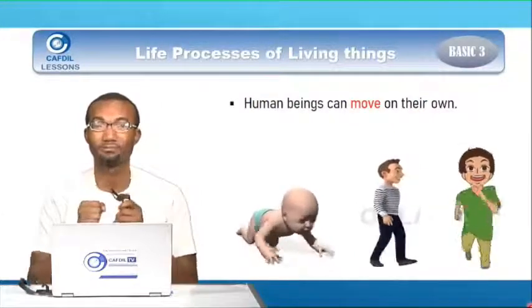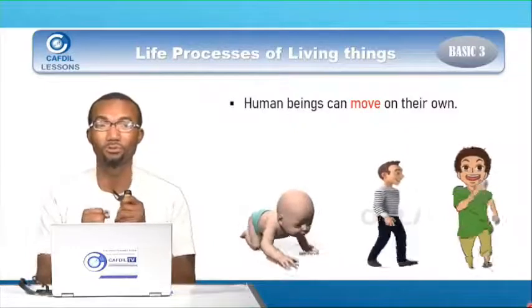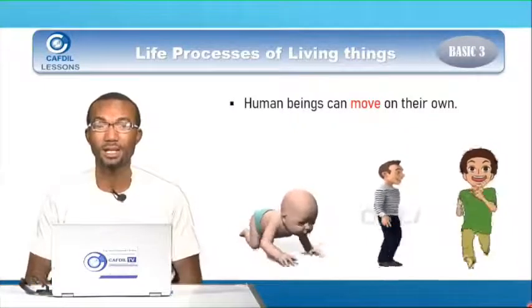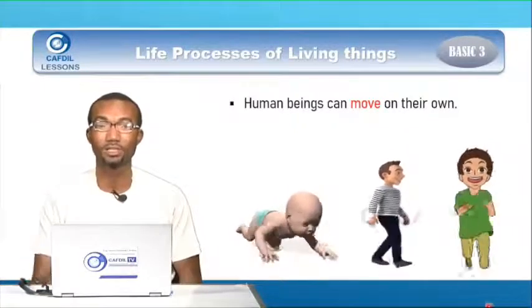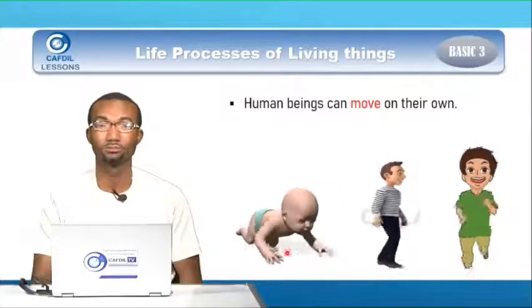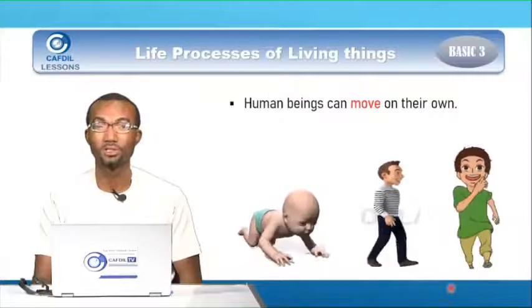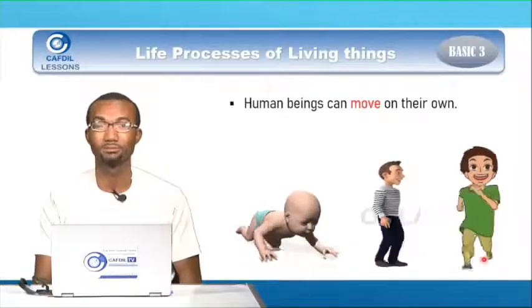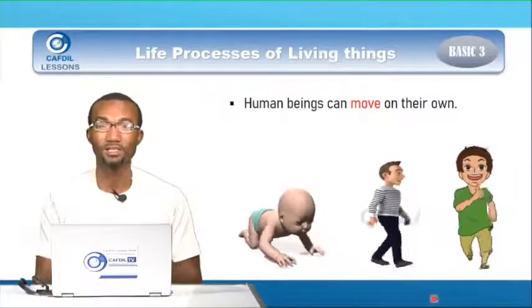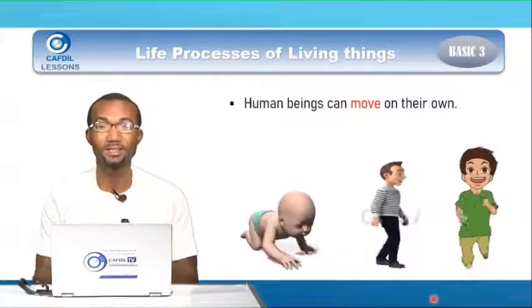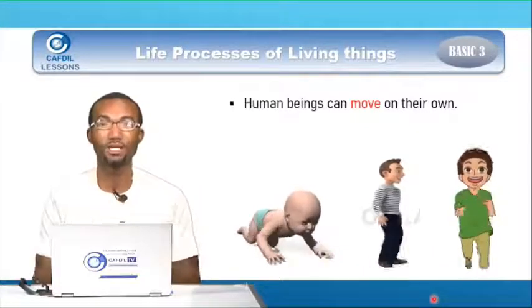Because you are alive, you can move on your own. You see this baby crawling. You see this man walking. You see this boy running. So movement is one of the things that living things do to stay alive.